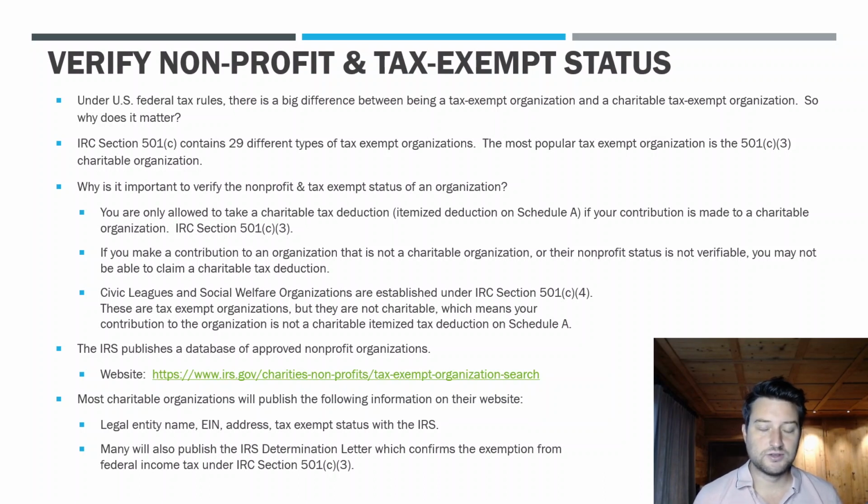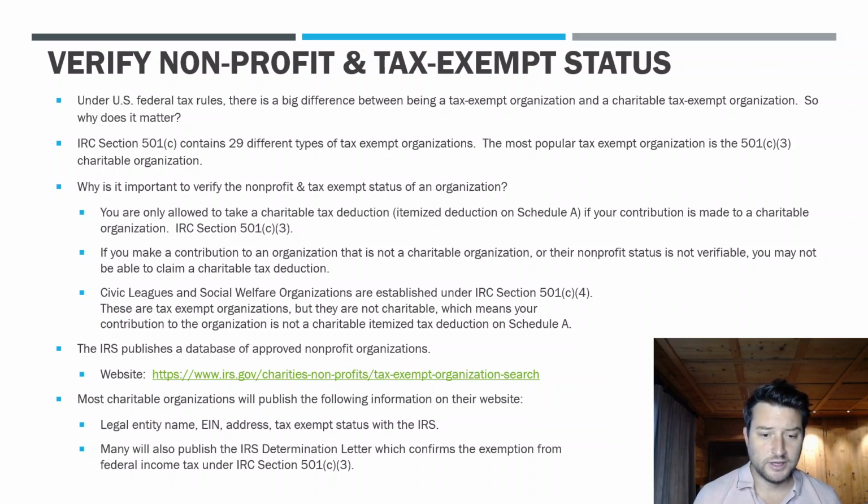After an organization submits a Form 1023 to apply for tax-exempt status, if it's approved, the IRS gives them a letter that says, we have approved your 501(c)(3) or 501(c)(4), whatever the status is, and they often post that on their website so that everybody knows for sure that they have an approved status.